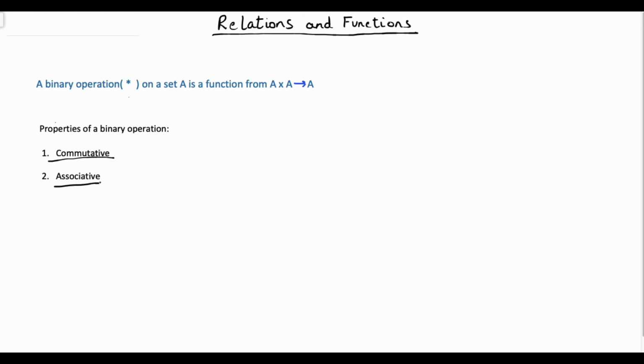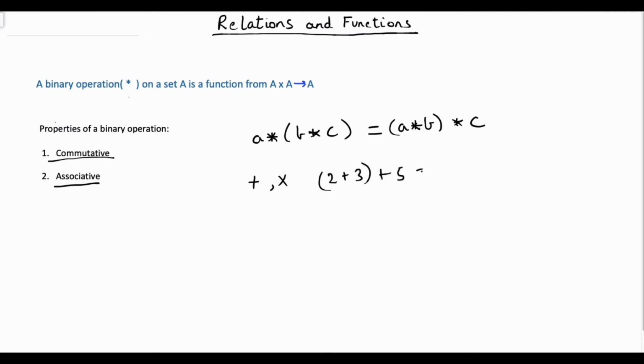The associative property. A binary operation is said to be associative if (a asterisk b) asterisk c is the same as a asterisk (b asterisk c). The plus and multiplication operators are associative as (2 plus 3) plus 5 is equal to 2 plus (3 plus 5).